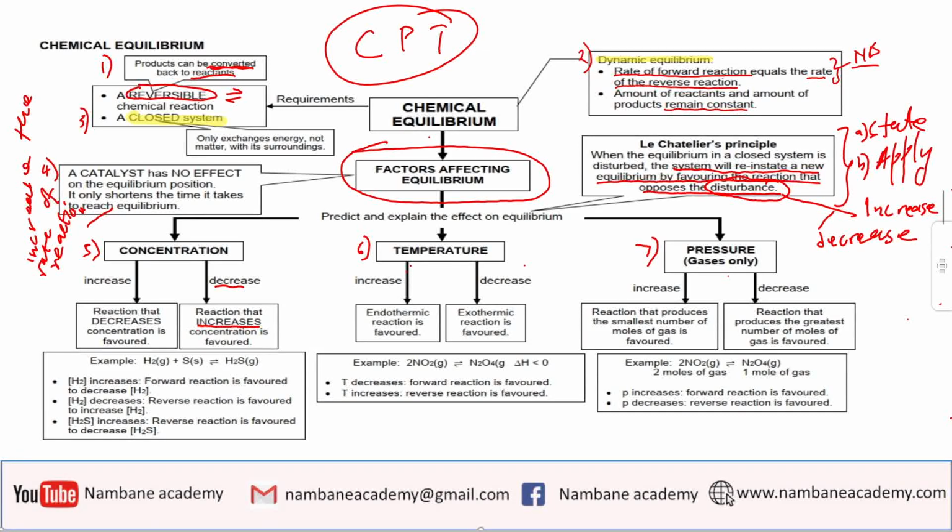What is the meaning of this? It basically says we need to look into which factor is being disturbed. Is it a reactant? Is it a product? Then we can say, if we are decreasing the reactant, we need to be in a position of decreasing that particular reactant.